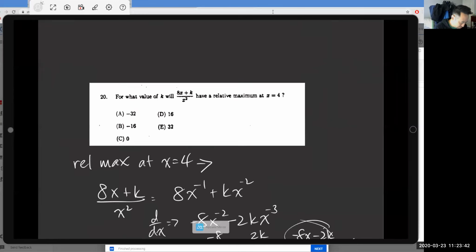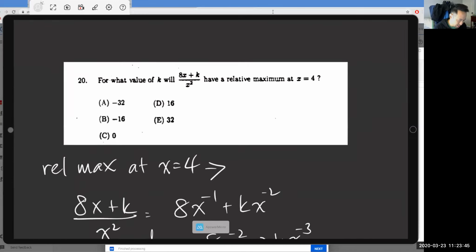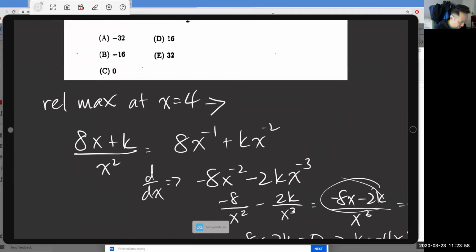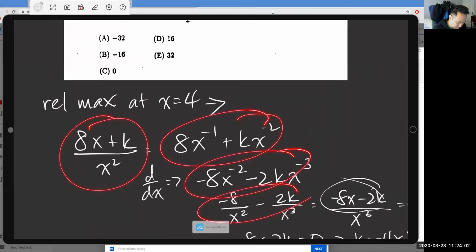Okay, moving on to number 20, for what values of k, blah, blah, blah. If you have a relative maxima at x equals 4, I have to take the derivative and find critical numbers, and I'm going to get a value of x equals 4. Great. So here I did my work for my derivative. I simplified all that good stuff.